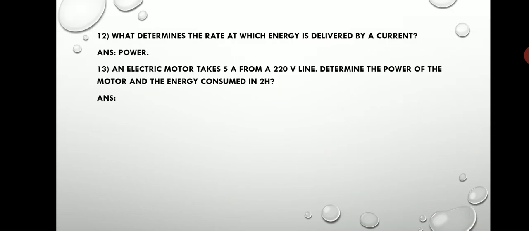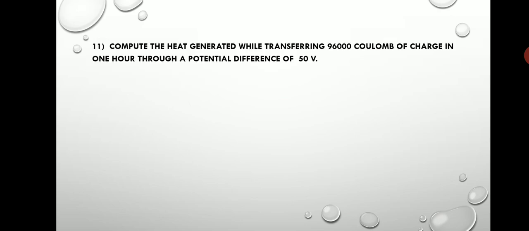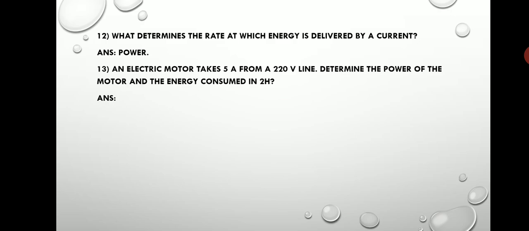So the next question, okay, what determines the rate at which energy is delivered by a current? So which factor determines the rate of consumption of energy? It is power. Okay, why? Because power is nothing but the rate of doing work, isn't it?